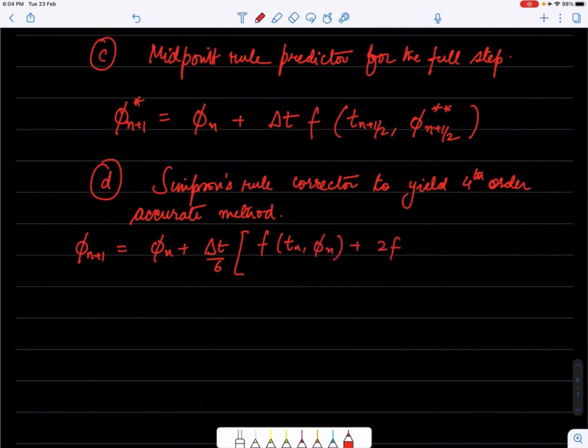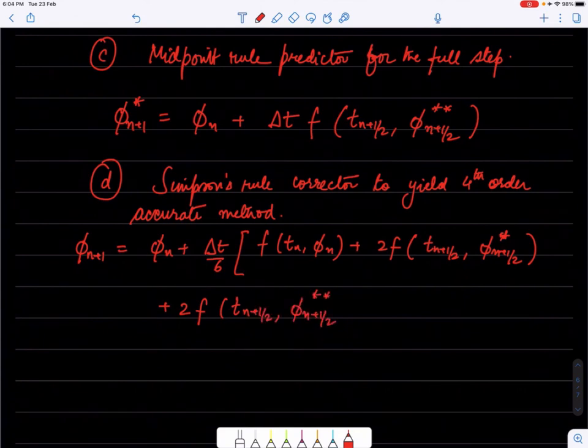So we'll have f Tn phi n plus f Tn plus half phi n plus half star plus 2 times f Tn plus half phi n plus half double star plus f Tn plus 1 phi n plus 1 star.